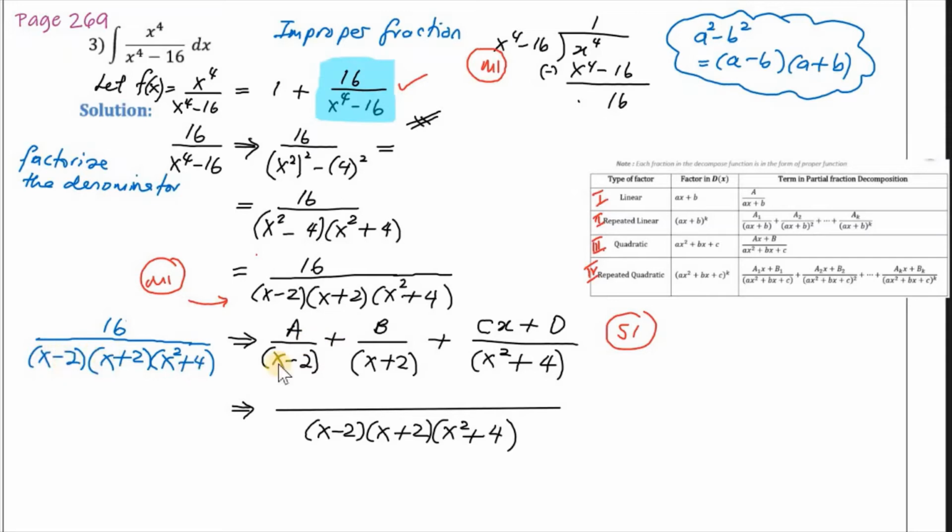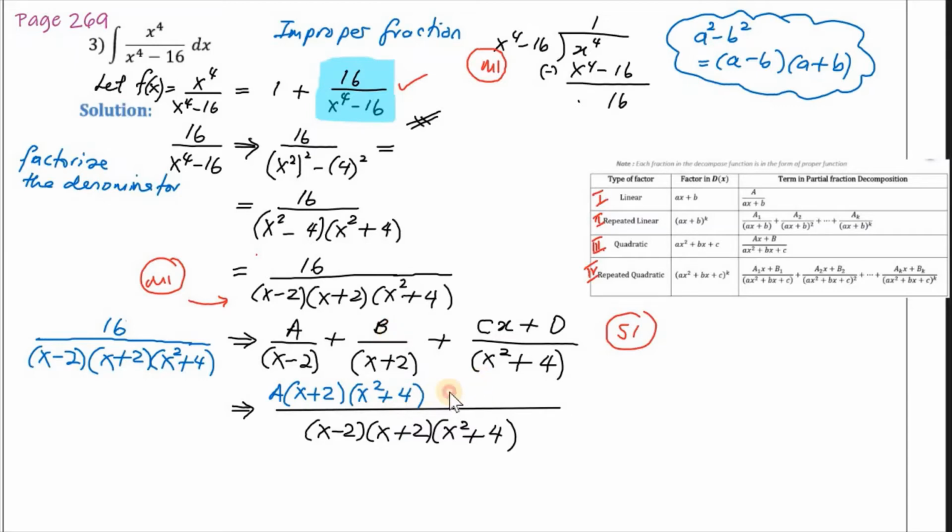One easy way is you multiply this first factor with this factor. Hence you are left with A of x plus 2, x squared plus 4. You can check back that you will get back to this x minus 2. It is as if you are multiplying this factor with the whole denominator, so x minus 2, x minus 2 cancel off, and you are left with x plus 2, x squared plus 4.